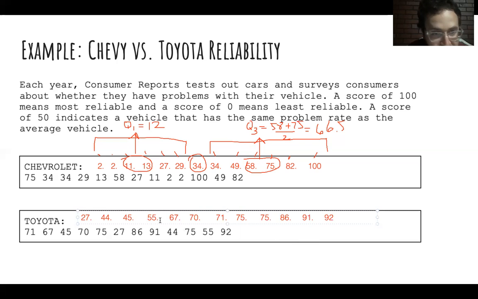And a 92. So I'll make sure I got 12 in there, which I do. So then I'm going to look for that middle number first.